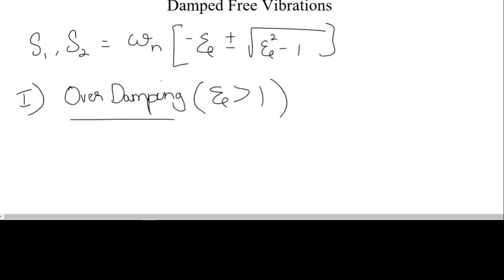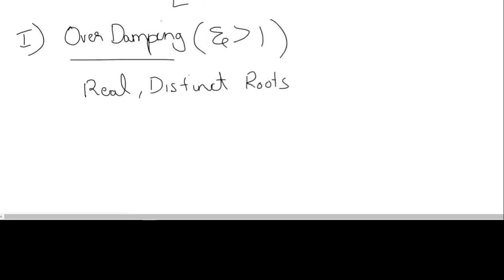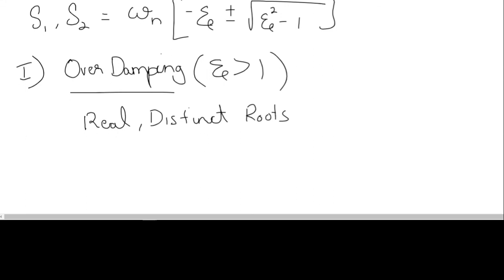So if you put in that equation, both S1 and S2 are the roots of the quadratic equation. So over damping gives you real distinct roots for the quadratic equation that we formed out of the equation of motion. So S1 and S2 will be distinct and real.